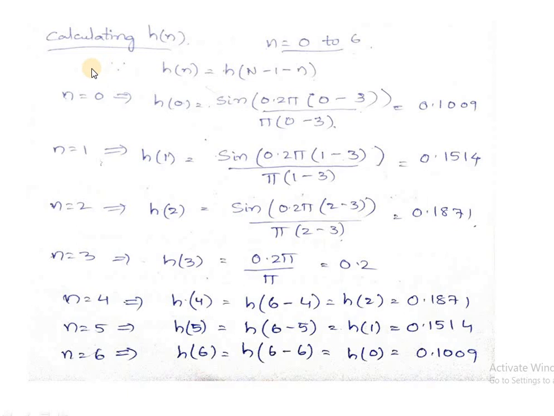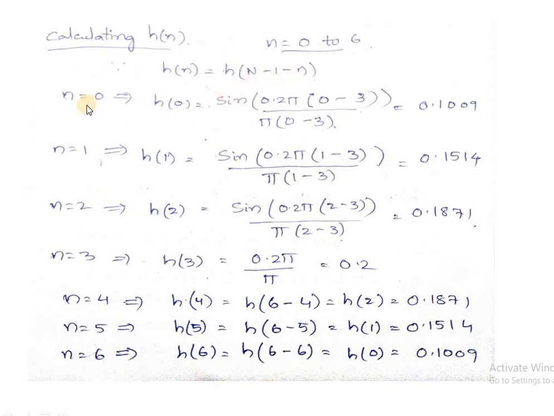Now the calculation of h of n, the finite impulse response sequence, can be done based upon the value of N that is given. Since we are asked to find it for 7 samples, I am identifying those 7 samples as 0 to 6, and h of n is simply equal to h of N minus 1 minus n in this case.